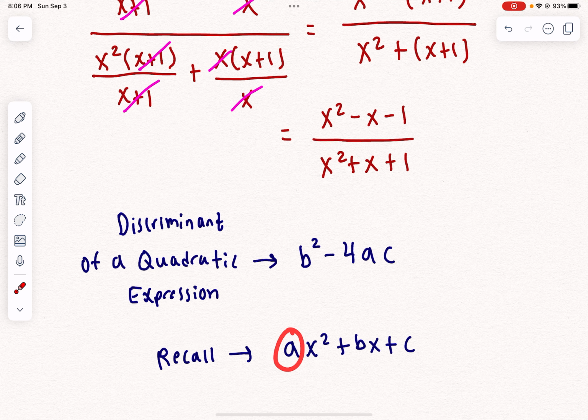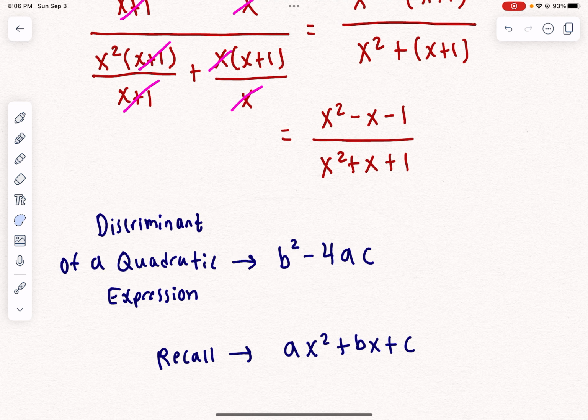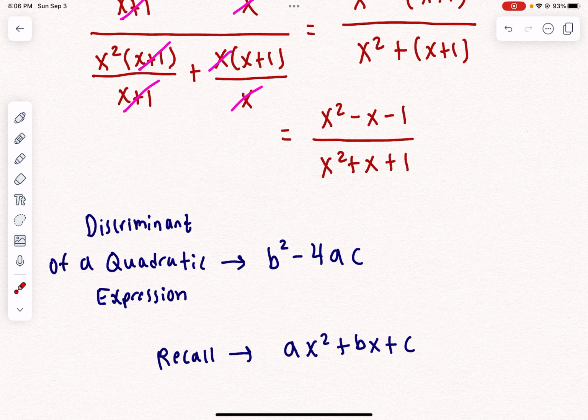So once again, a is in front of the x squared term, b is in front of the x term, and c is just the constant term. If we find the discriminant of the bottom here, your b will be 1, your a would also be 1, and your c would also be 1.